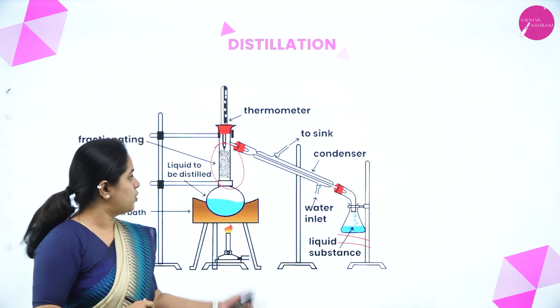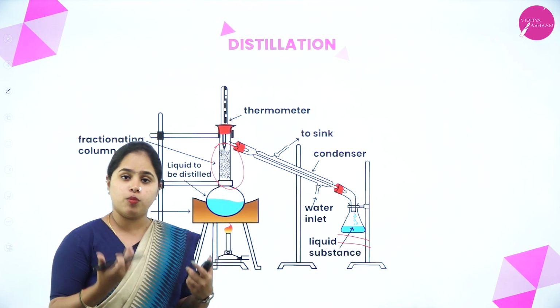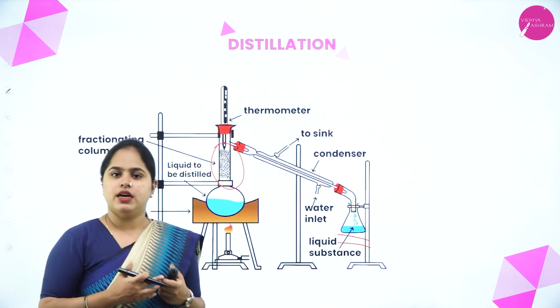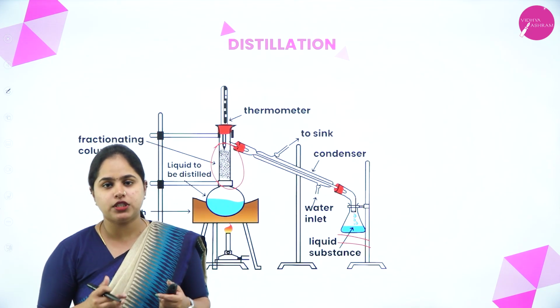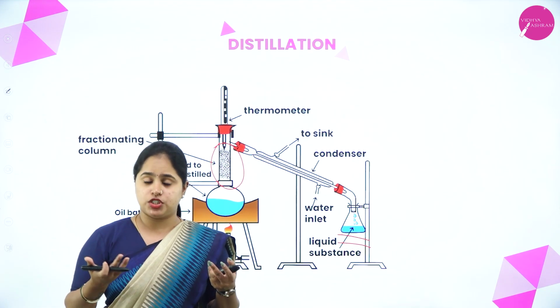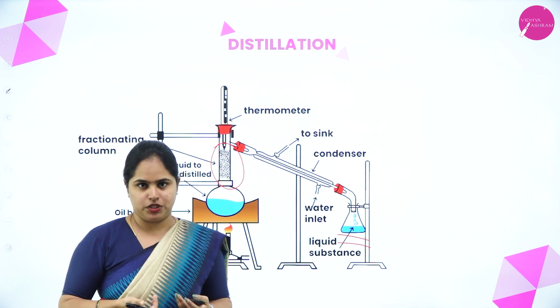In this way you can obtain both the liquids separately, right? So this is fractional distillation, adopted when both the liquids are volatile and have boiling points very close to each other, right?